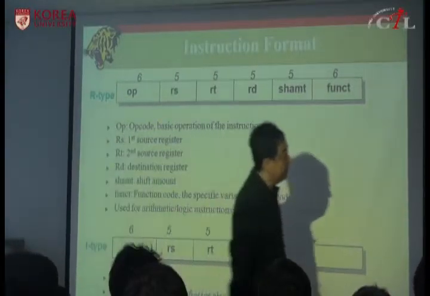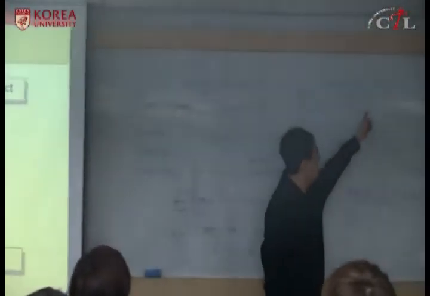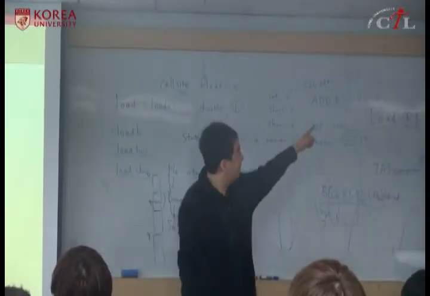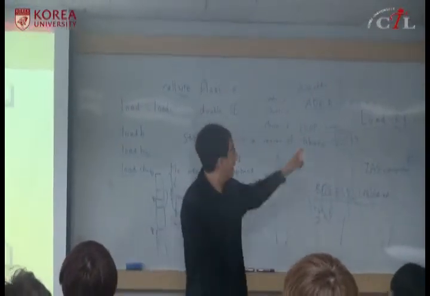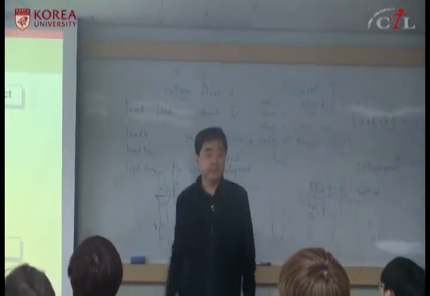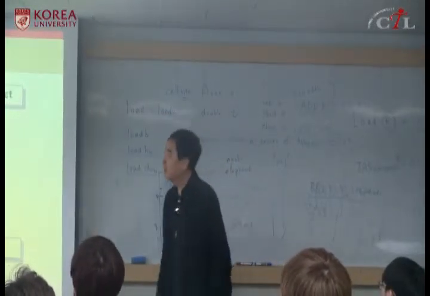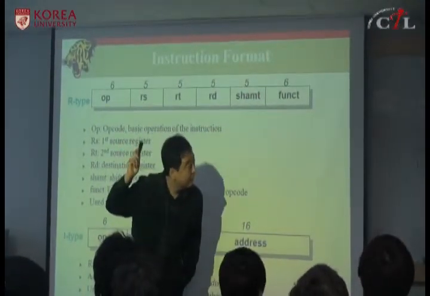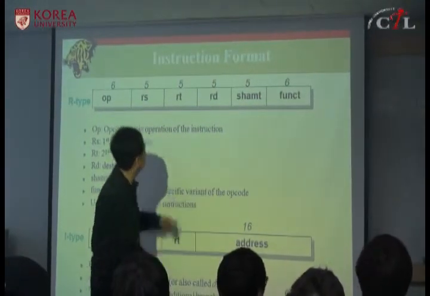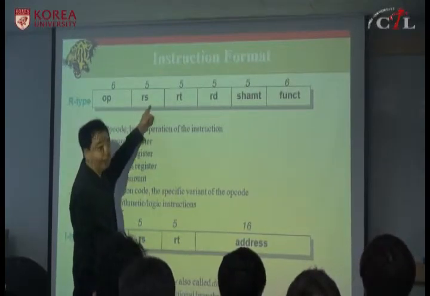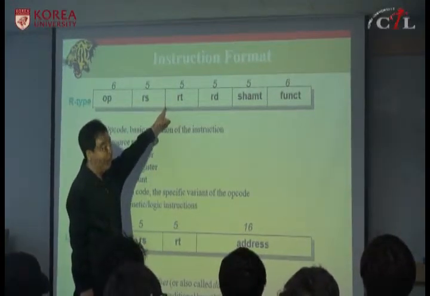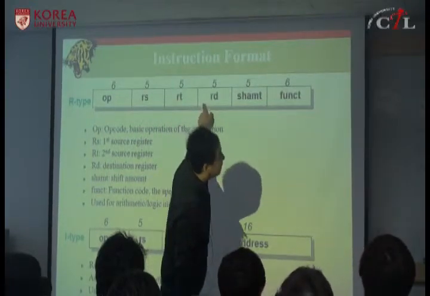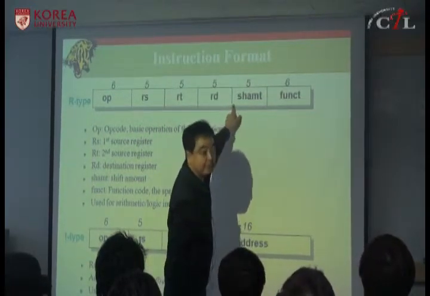So if you are trying to encode this information, R2 becomes RS, R3 becomes RT, R1 becomes the destination. Okay? So here they encode the number. RS becomes 2, so it should contain 0, 0, 0, 1, 0. Okay? 0, 0, 0, 1, 1, and 0, 0, 0, 0, 1.